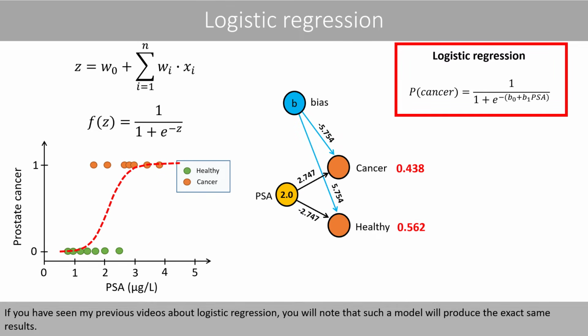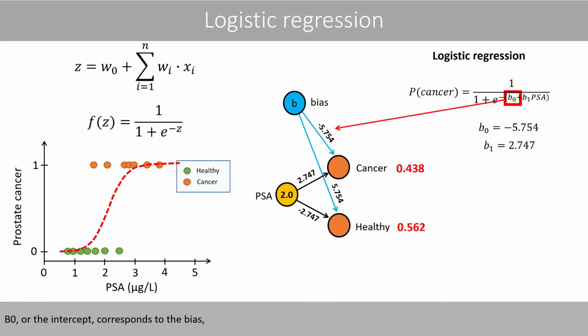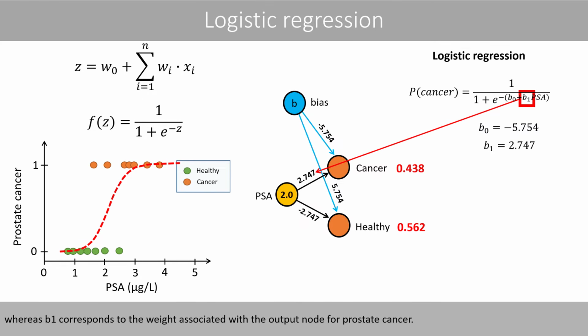If you have seen my previous videos about logistic regression, you will note that such a model will produce the exact same results. The estimated parameters of the logistic regression model are identical to the weights in this simple neural network. B0, or the intercept, corresponds to the bias, whereas B1 corresponds to the weight associated with the output node for prostate cancer.